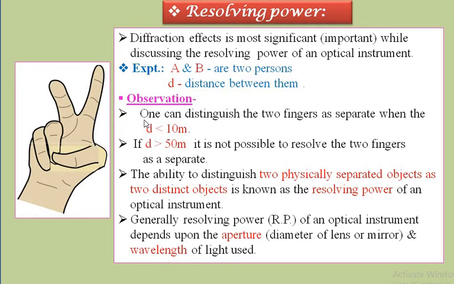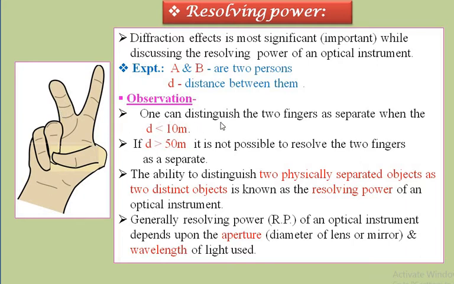Generally, it is observed that one can distinguish the two fingers as separate when the distance between the two persons is less than 10 meters. In the diagram, the two fingers are shown in the figure, that is the sign of victory.